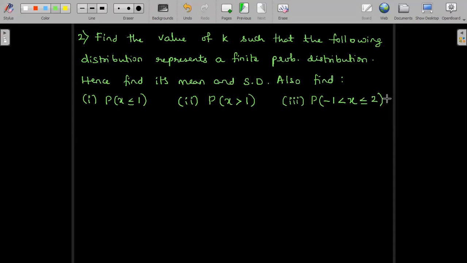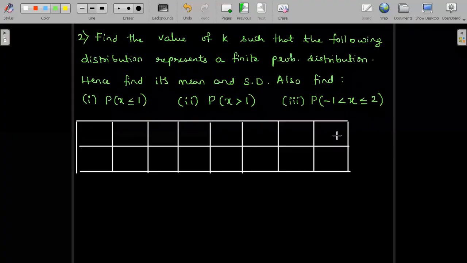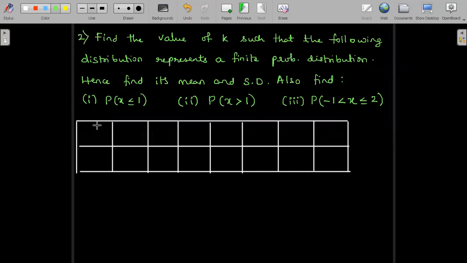So a table is given for us. So let us first frame a table. So x and p of x values are given. X values as well as probability of xi. Probability of every value of x is given in the table for us.